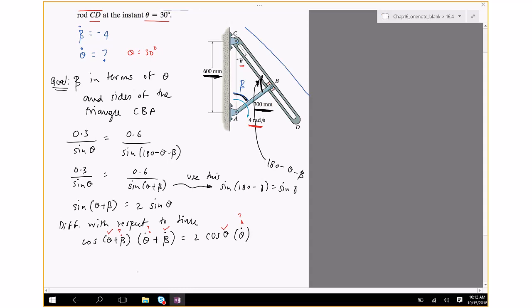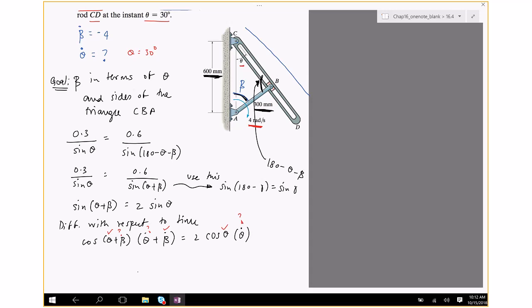Okay, so it looks like I have too many unknowns. The two unknowns are beta and theta dot. So can I find one of those two unknowns? How about beta? Can I find beta?